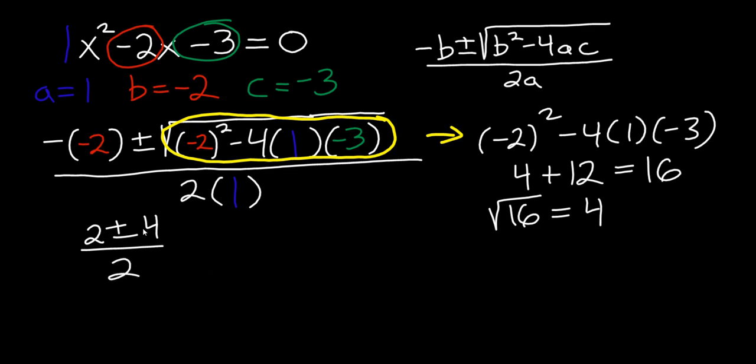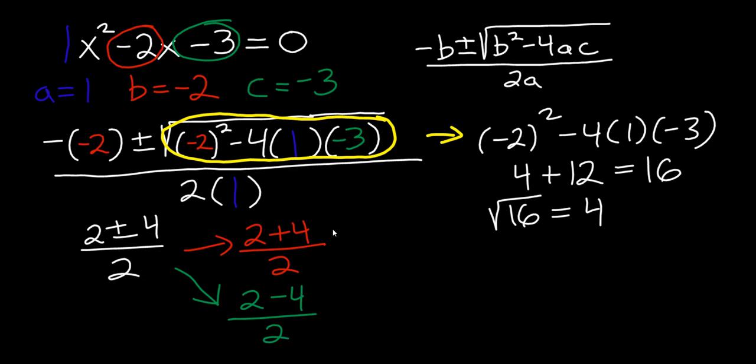Now here, when we have the plus or minus, that means we've got to break it up basically into 2 different fractions. So I'll go ahead and use one of them there. I use 2 plus 4 over 2. And the other one, break that up into the negative version. I get 2 minus 4 over 2.